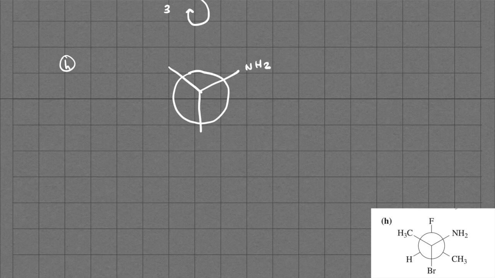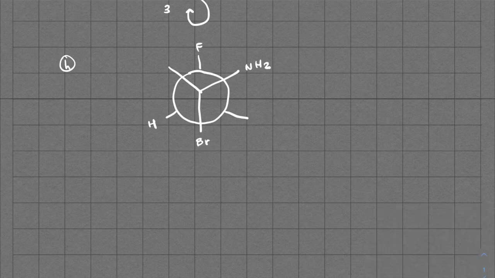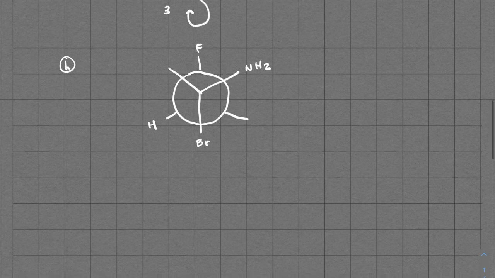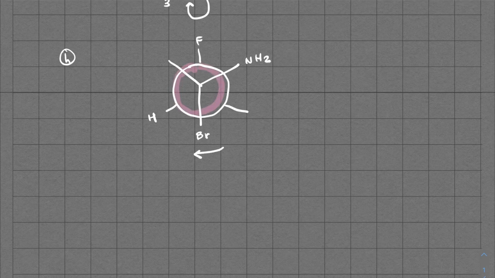All right. Next, we have a problem in Newman projections. Okay. And this molecule is 2-bromo-3-fluoro-2-butanamine. So how I like to attack problems that are presented in the Newman projections, I like to first pretend as though I'm twisting the bond back that way so I can clearly see the carbon-carbon bond. So first, let's observe the groups that are in front of us.